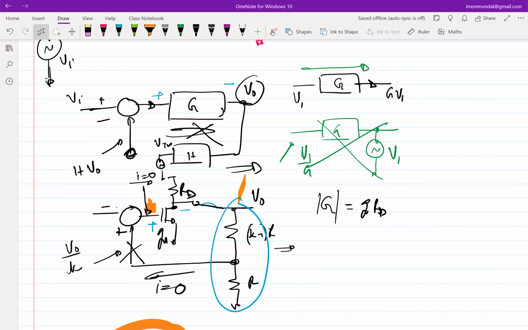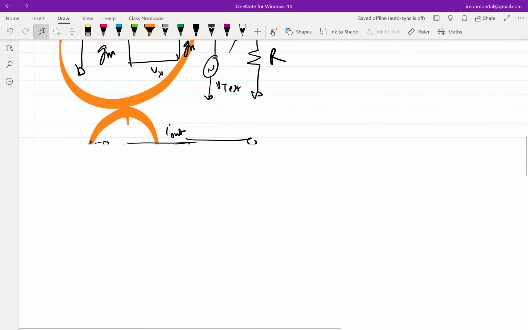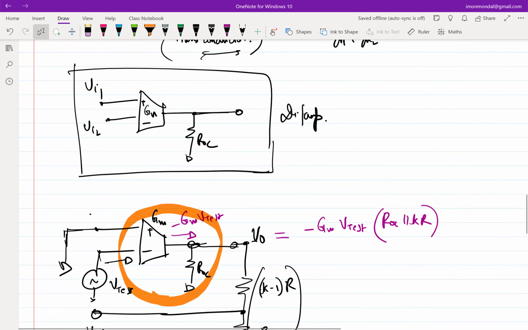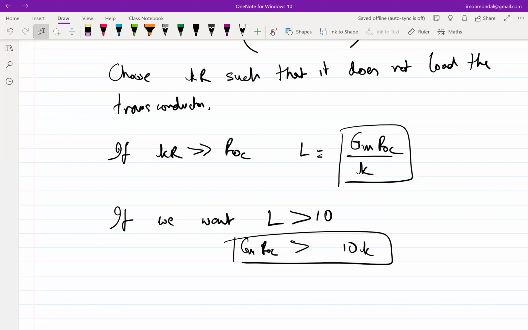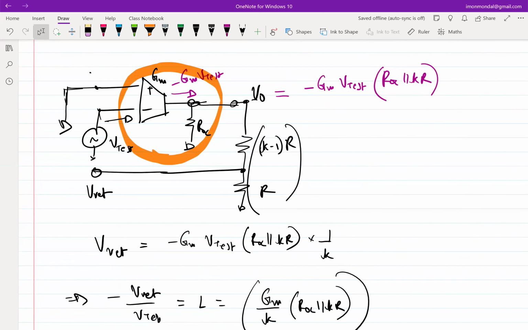Okay, so before we end today, what you see is that for a negative feedback loop to work properly, you need gain, right? You need loop gain, and the loop gain is essentially being provided by the differential amplifier. Now, there is another name that is used in the literature for this differential amplifier.